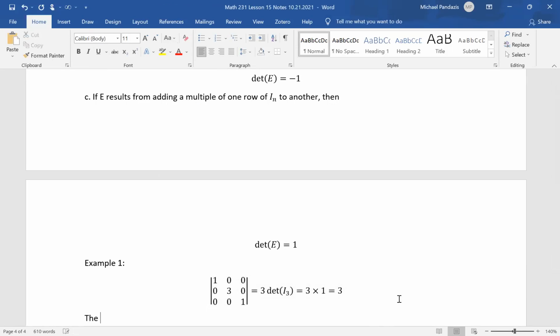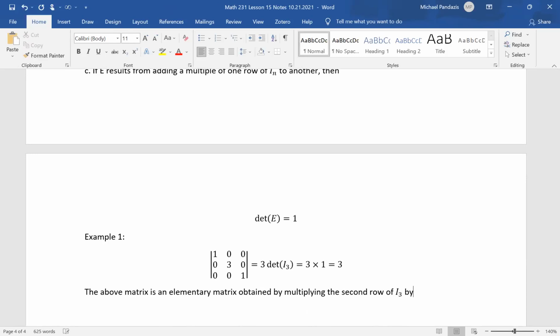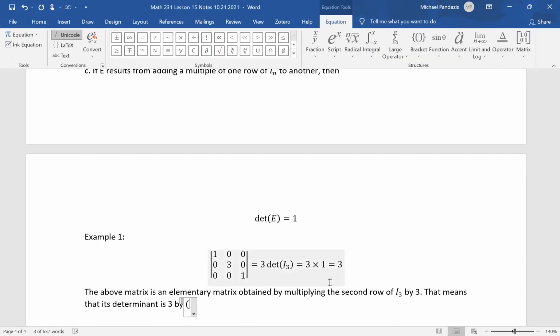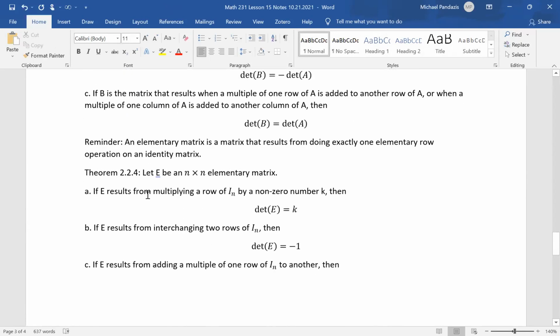Okay, the above matrix is an elementary matrix obtained by multiplying the second row of I sub 3 by 3. That means that its determinant is 3, by part A of this last theorem, which was theorem 2.2.4.